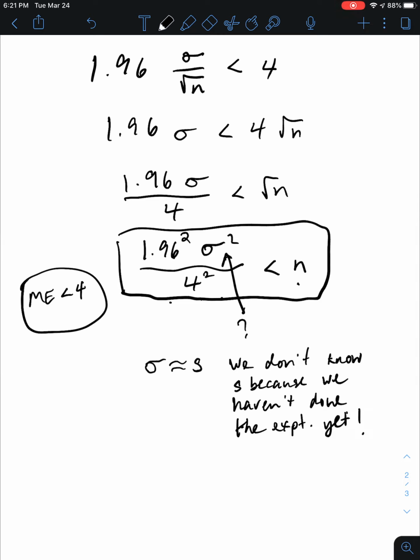So we can't use our usual method for approximating sigma. We still have a few options, though. We'll have to be a little bit creative. One way to approximate sigma is to use s from a previous experiment.